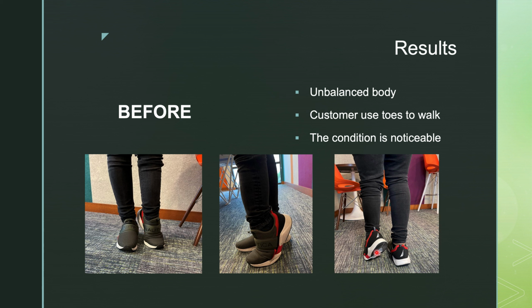While the left foot, as you see, has the 10.5 centimeter difference here, or as we mentioned before, the pencil, and it looks obvious to anyone and is noticeable, which maybe doesn't make the customer comfortable with how he looks. This also caused unbalanced body movement, and the customer was using his toes to walk to give more balance and support for his left foot.